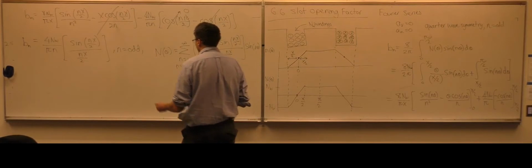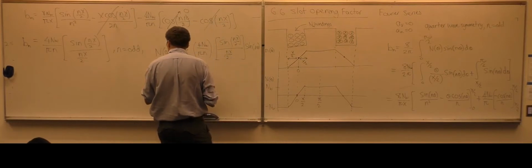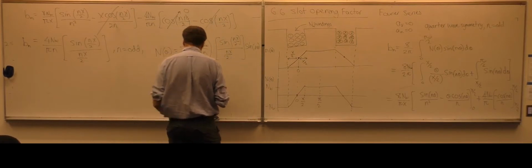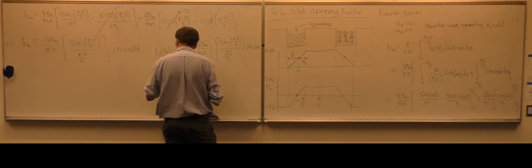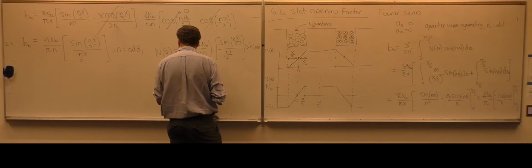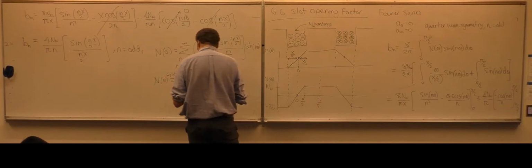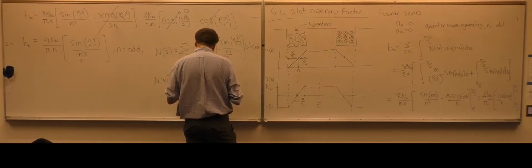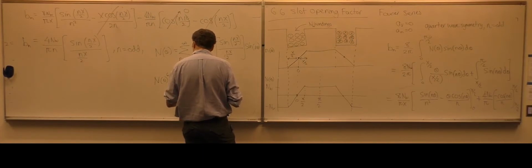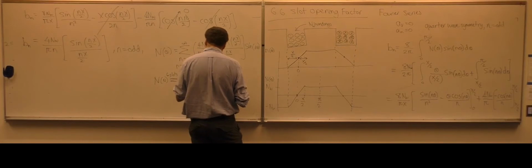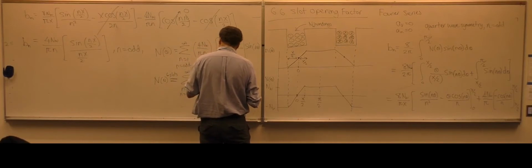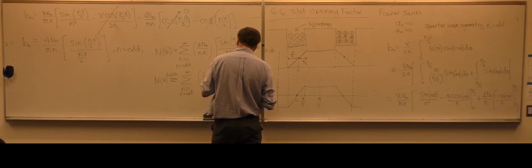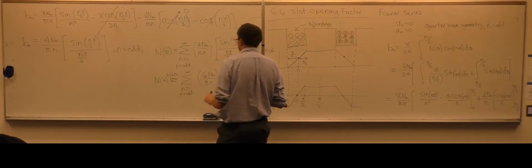Now if we compare that to the 1 slot per pole per phase, this for 6 slots, where the pole pitch and the coil pitch are the same, i.e. the square wave, then we had 4 nw divided by pi n sine n theta.